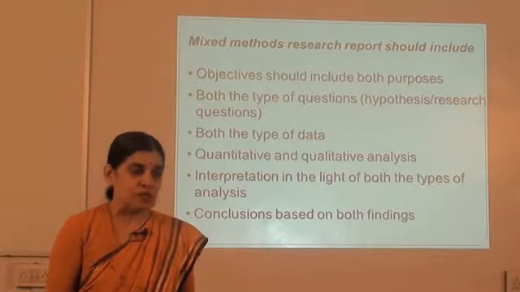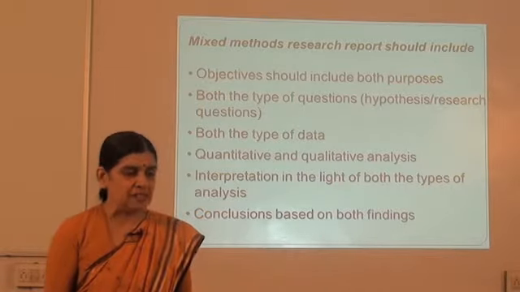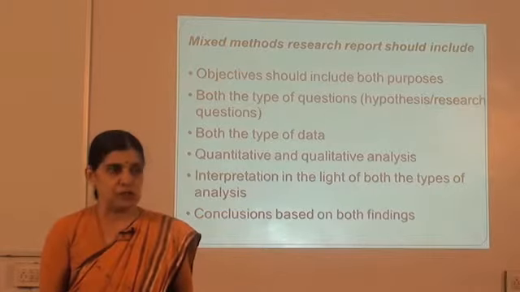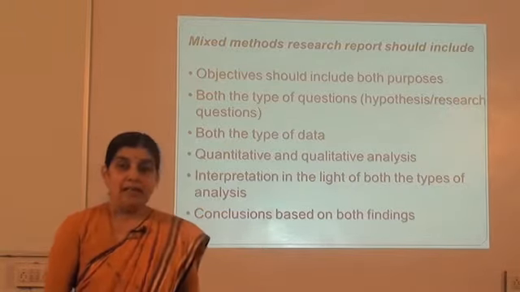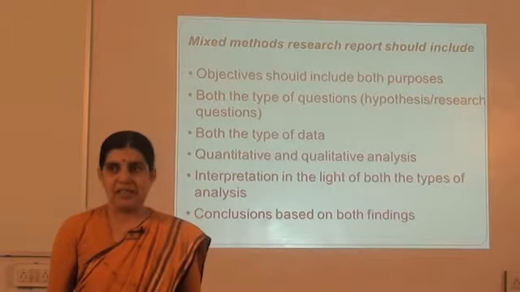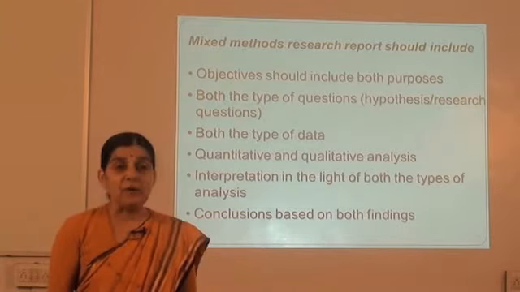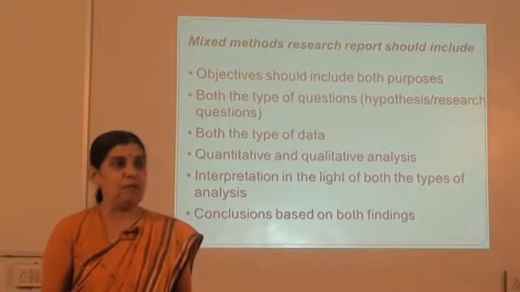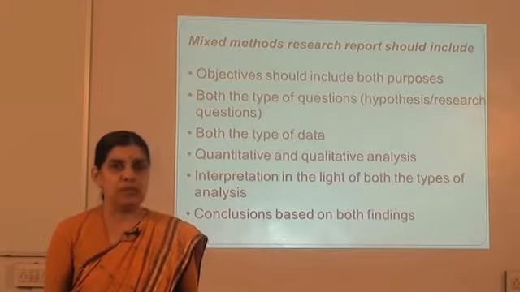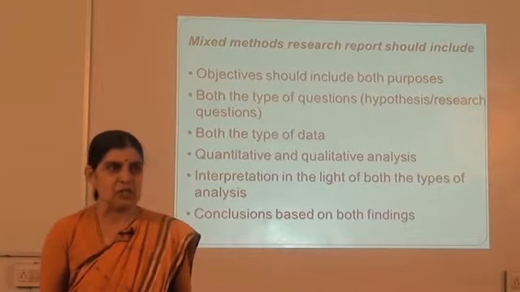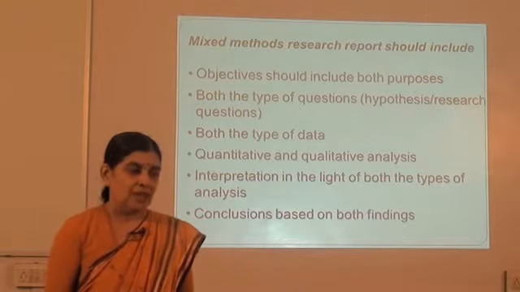Then both types of questions. So there will be hypothesis, there will be research questions, which is a special feature of qualitative study. Then of course, as we have seen in the last session, both types of data will be there. There will be numerical data, there will be textual data in the form of words, responses, images, etc.